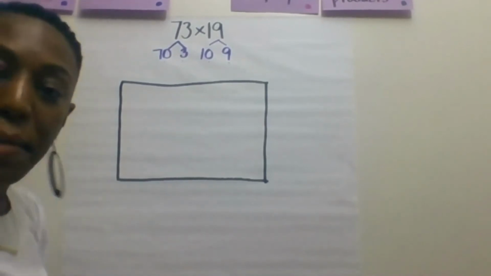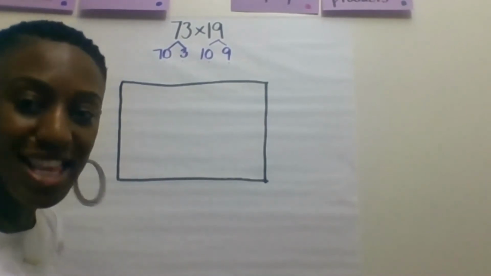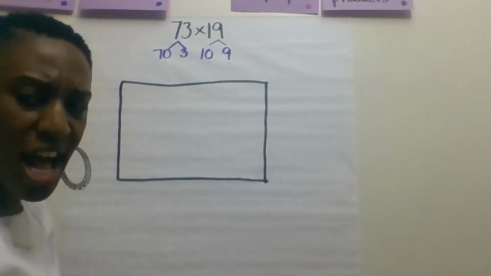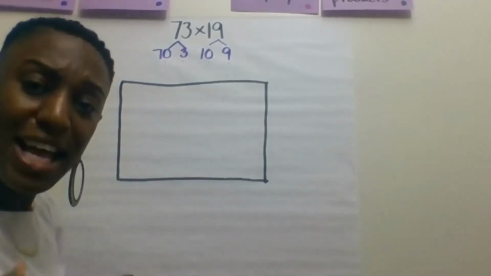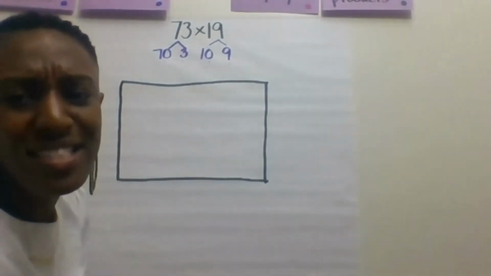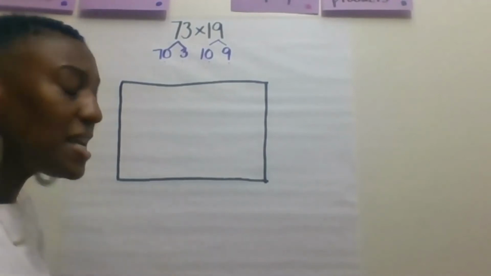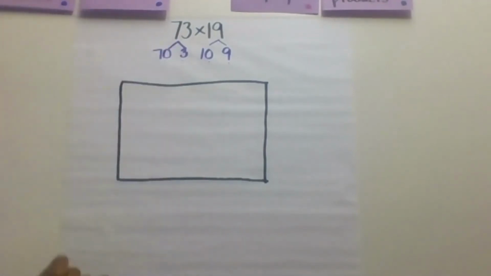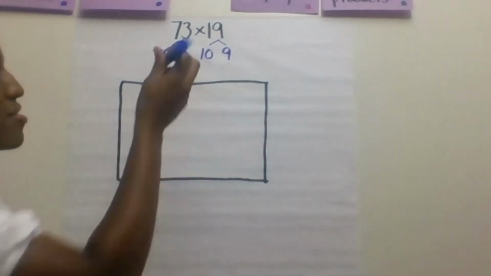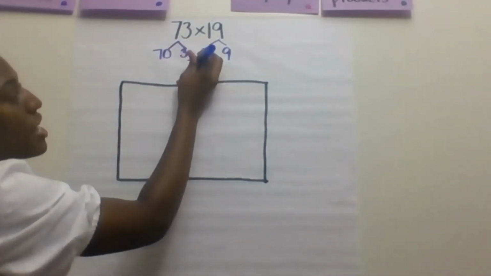Now, before I draw my parts, I want to consider the relative size of each one of my addends. Just so that I don't get tricked, it helps me to start by labeling the overall factor, and then I could think about how did I decompose it. So here's an example. 73. I'm going to switch it up. I'm going to put that factor as the width. So I'm going to write 73 right here.